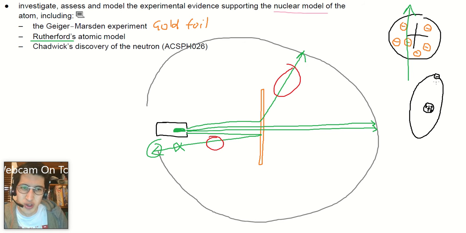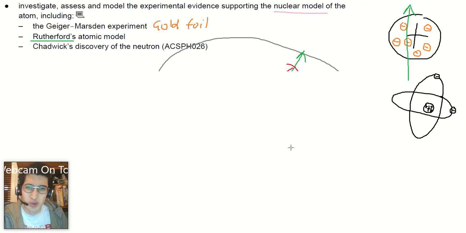There's an inward force, which in this case is the electrostatic attraction, and there's a sideways velocity keeping them in a circle, okay? So the electrons can orbit around the positive nucleus like this. That's the gold foil experiment and Rutherford's atomic model, what he thought from it.